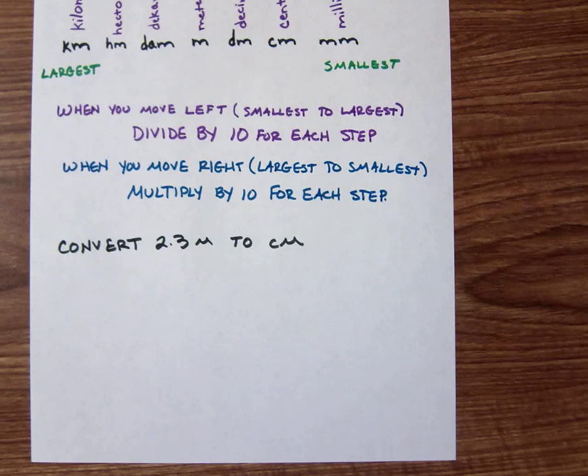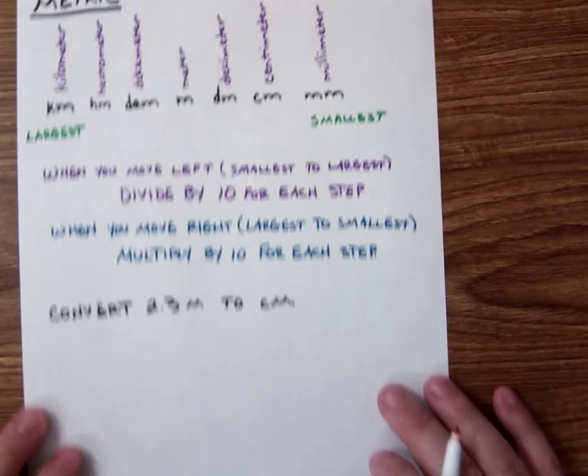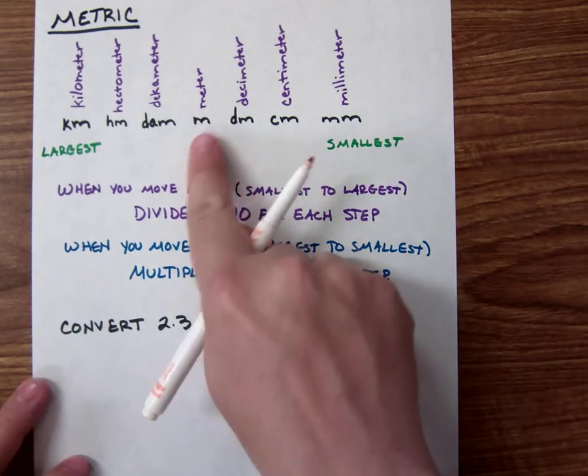What's a really fast way to divide by 10? You take away zeros, and when you run out of zeros, what do you do? You start moving the decimal to the left or the right. Multiplying by 10, you move the decimal to the right. Dividing by 10, you move the decimal to the left. Okay, so let's do it. 2.3 meters to centimeters. The first thing I'm going to do is go to my little chart here. Here I am at meters.